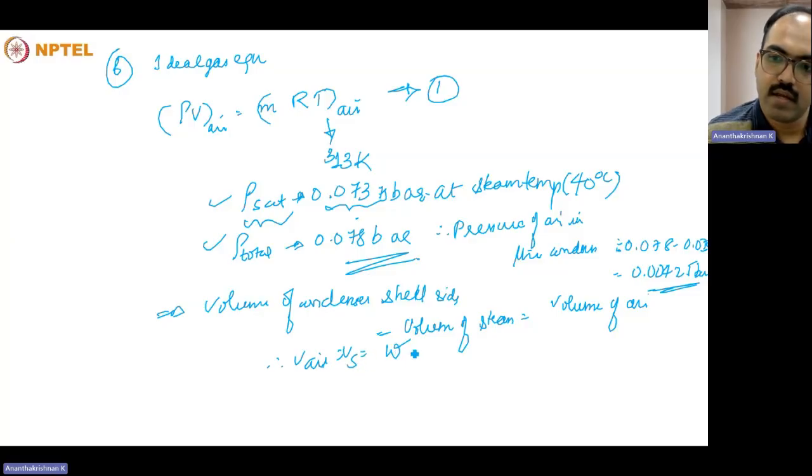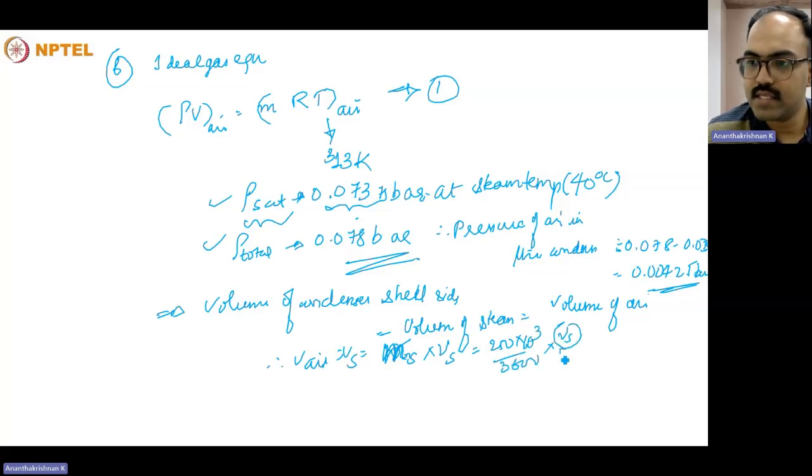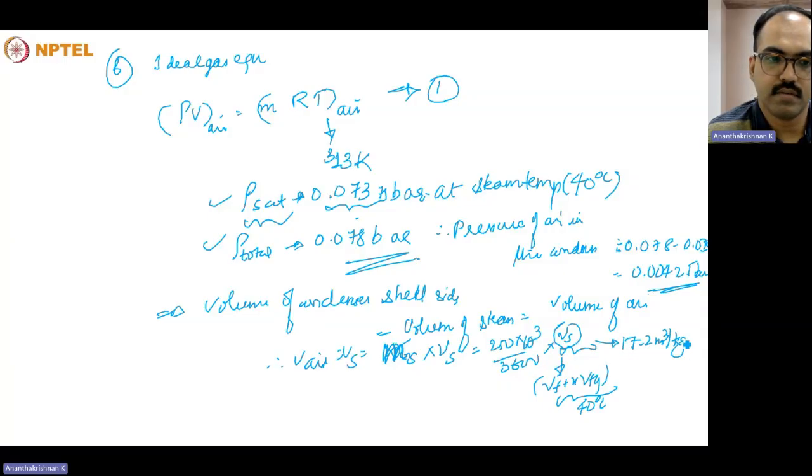That will be given by mass flow rate of the steam multiplied by the specific volume. So mass flow rate of the steam will be 250 ton per hour into steam Vs, which will be written as Vf plus X Vfg at 40 degrees Celsius, and this will be getting it as 17.2 meter cube per kg.